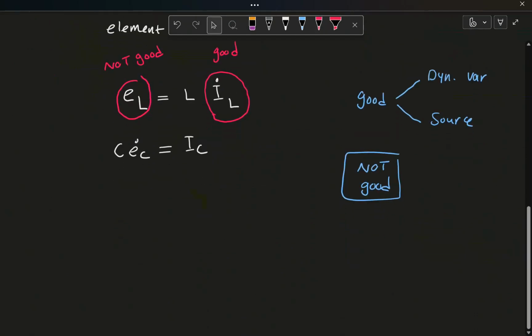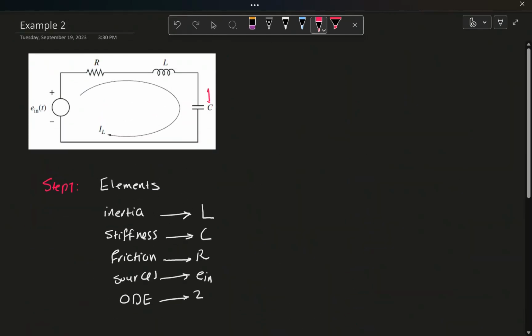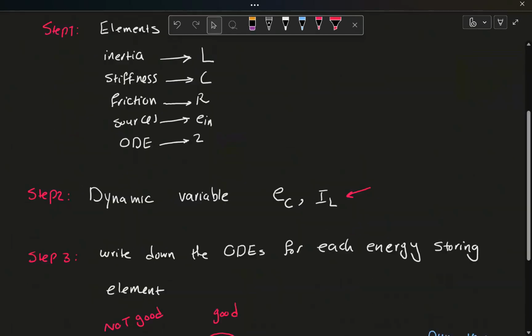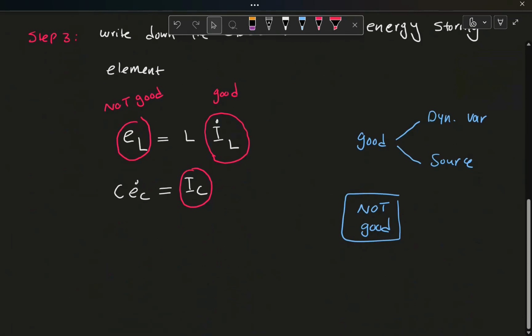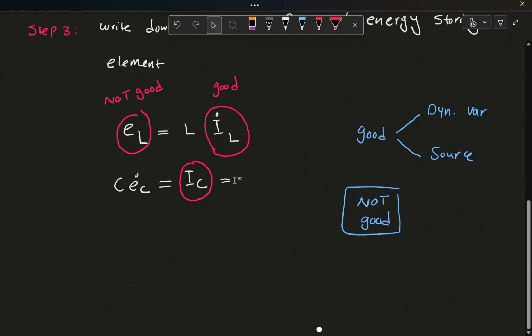Okay. Now let's go to IC. Do you guys think that IC is a good term? Well, in this problem, if you look at IC, it's not in your dynamic variable. However, IC is the current that passes through the capacitor. That's going to be the same current that passes through the inductor. So, in fact, your IC is equal to IL.